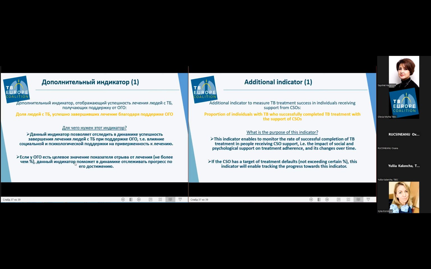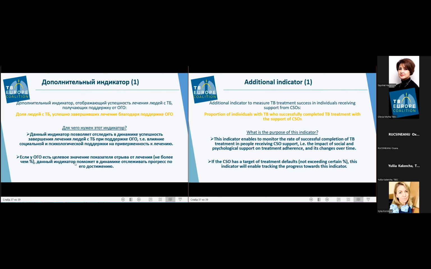And it reads like this: proportion of people with TB who successfully completed TB treatment thanks to the support from CSOs. And it will help us to track the successfully completed TB treatment and the impact of social and psychological support on treatment adherence.